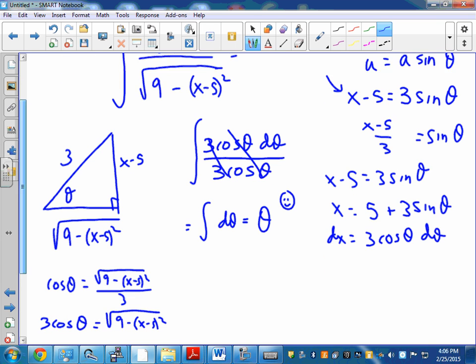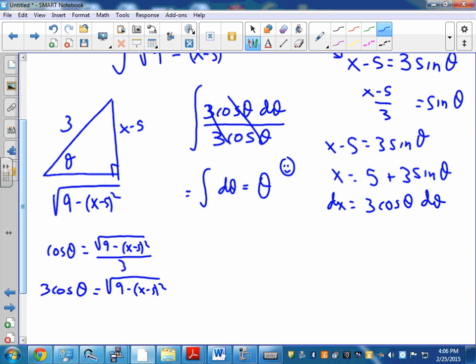And so we look at our picture. What is theta? Well, theta is an angle. And I suppose we can do this a number of different ways. We can do arc sine or arc tan or even arc cosine. But since we're dealing with sines here, let's go ahead and use arc sine. Theta from the picture is an arc that has a sine of x minus 5 over 3.